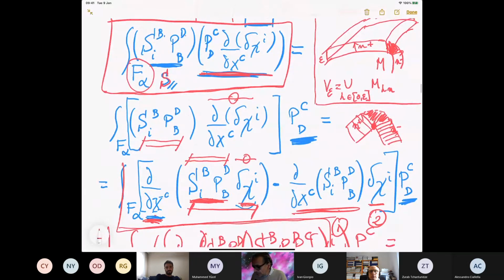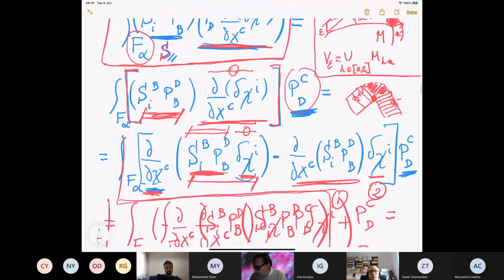How do we do this? This is S parallel here. Then we write d over dX_C delta_ki there. We place these brackets to isolate the term which we want to integrate by parts, and we keep this P on the right side.